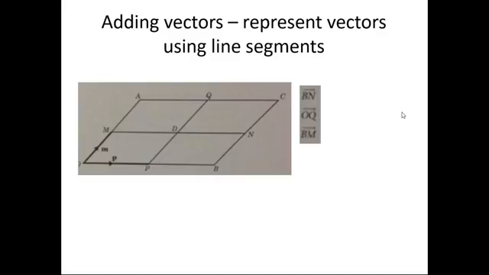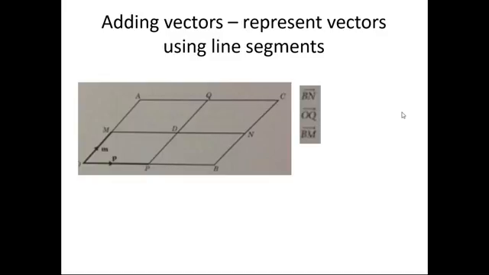Okay, a vector line segment. What we've got here is the x and y axis, with the origin at 0, 0. Now, if we get a point, say 6, 5, that's the position 6, 5.